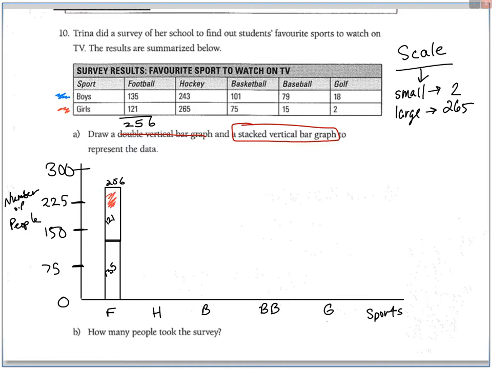Girls on top on the bar graph here. Okay, so the stacked bar graph, pink on top, blue on the bottom. 121, 135. The total is 256.